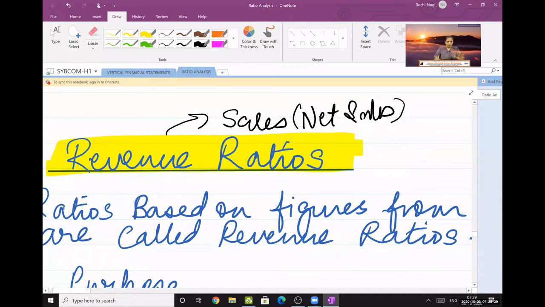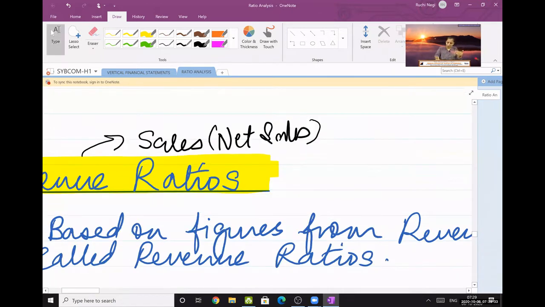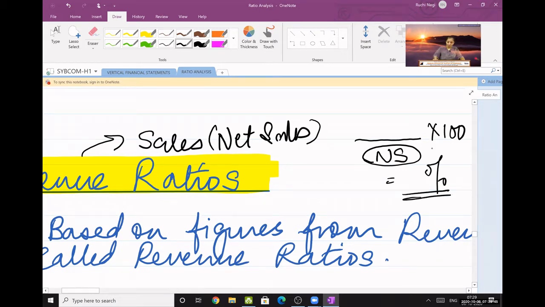So all the 6 formulas that I'm going to discuss with you today, you will see the denominator will be net sales only, multiplied with 100, because revenue ratios are expressed in percentage. So these two things will be common, and into 100 will be common. In balance sheet ratios it is not so; there 100 is only in selective places, because we had done the forms of ratios, pure ratio and percentage ratio, you remember?